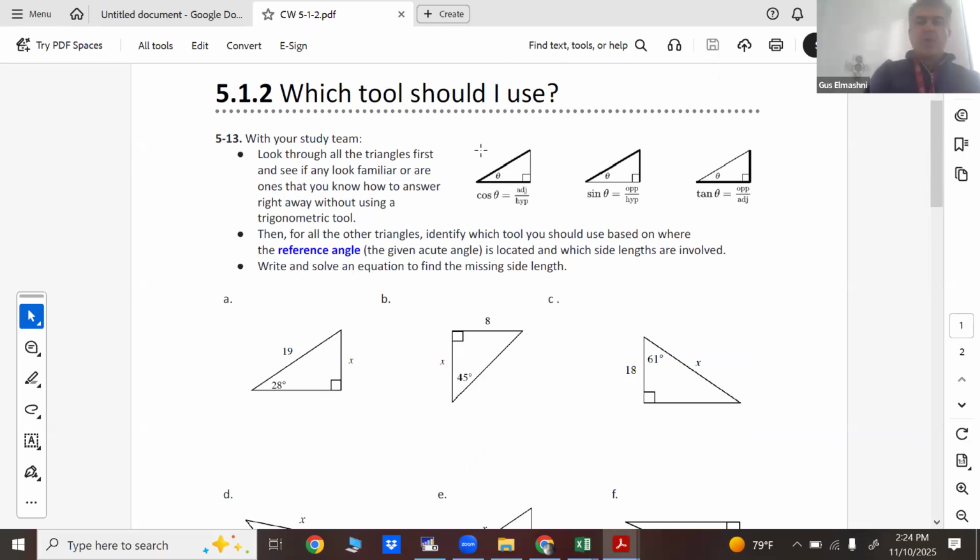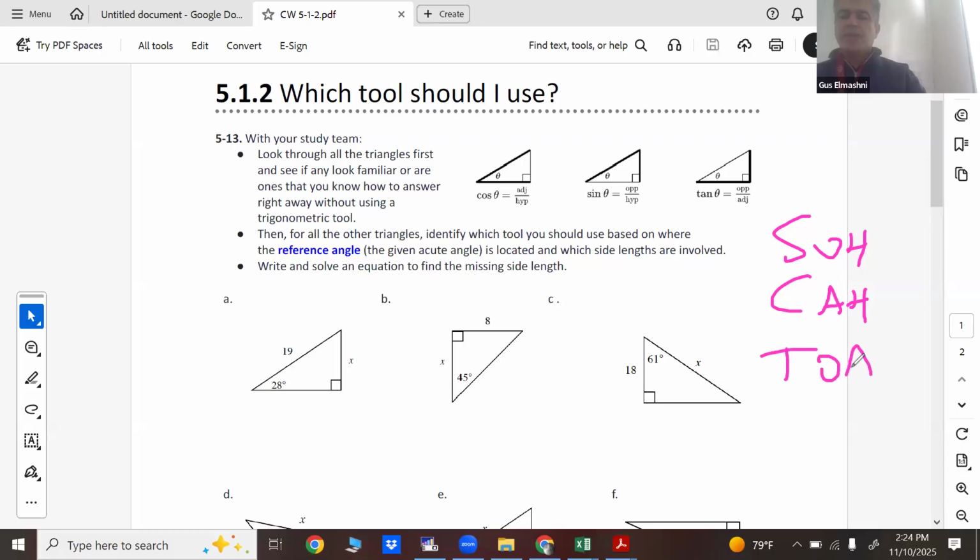Okay. So remember the 3 trig functions we learned: sine, cosine, tangent. SOH, CAH, TOA. There are other ways you could memorize this.